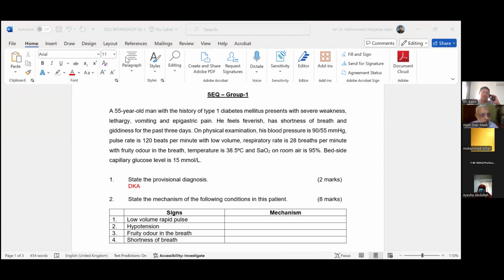Right. We will address that. That's a very genuine issue, especially in short essay questions. Anybody have any other comment?